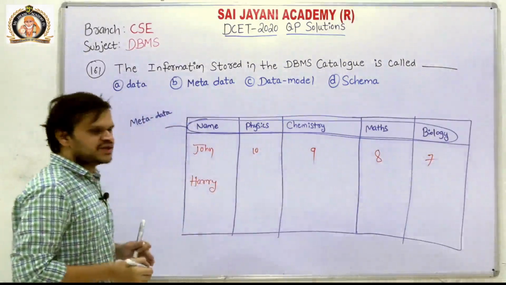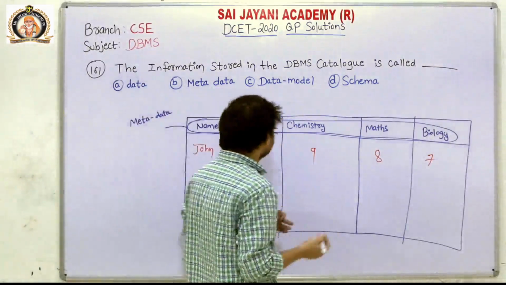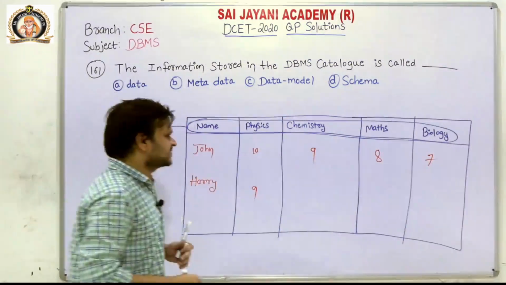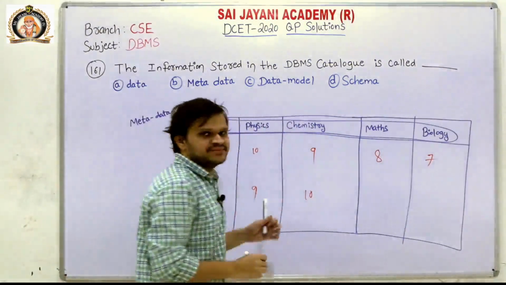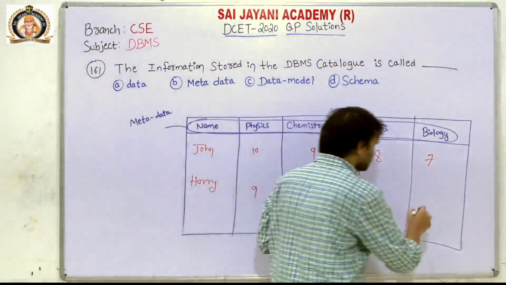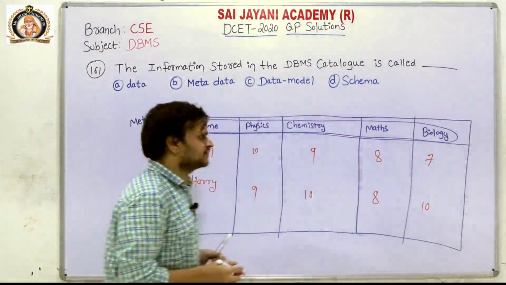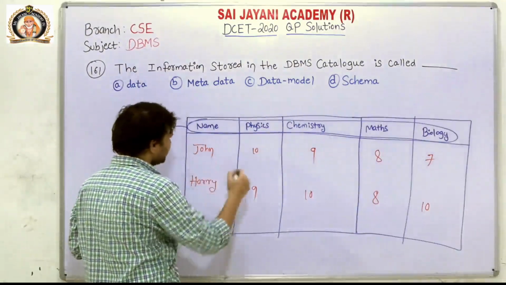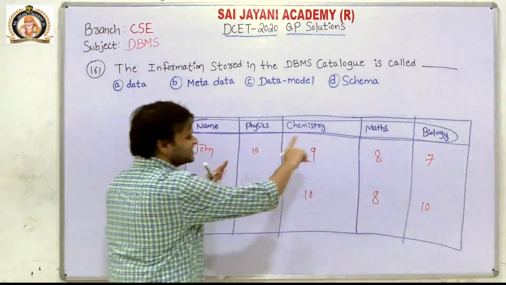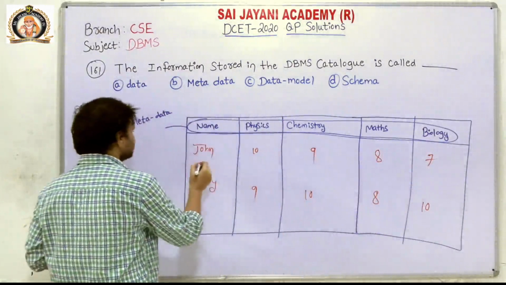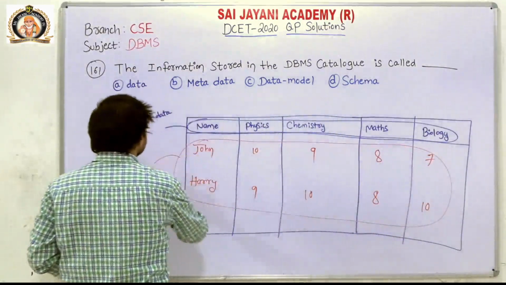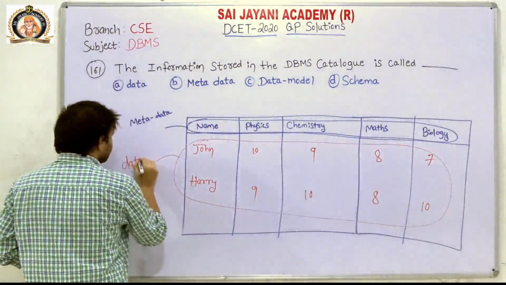Out of 10, he got 9 marks in physics, 10 marks in chemistry, 8 marks in mathematics and 10 marks in biology. Here John, Harry, 10, 9, 9, 10, 8, 8, 7, 10 are called data entries, and these data entries are also called data.